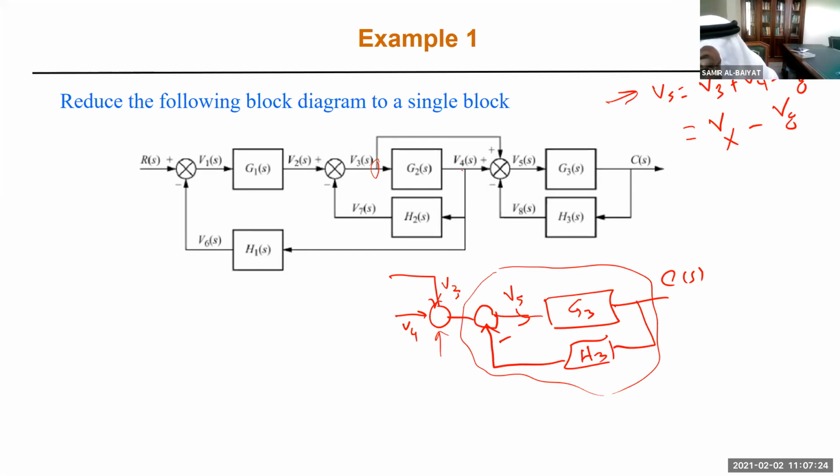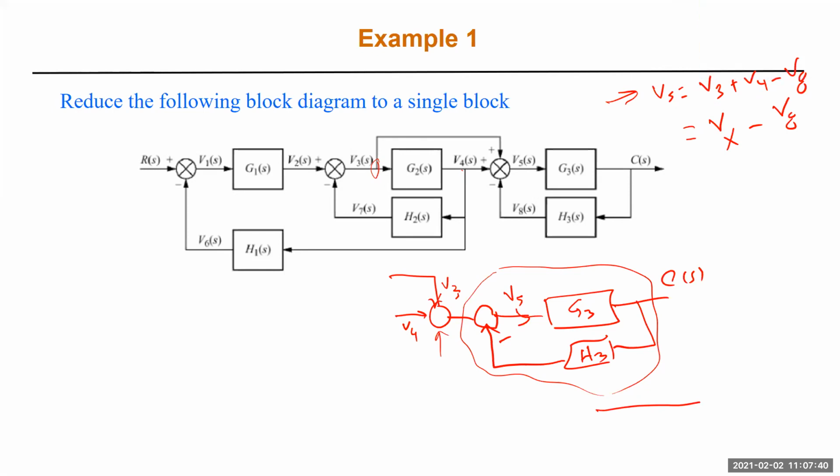Did I do anything wrong? No. Okay, but it simplifies my life. So now I have a feedback loop here. What is the gain for this feedback? Let me reduce the feedback into one block. What will that block be? 1 over 1 plus G3H3. Guys, just one second.